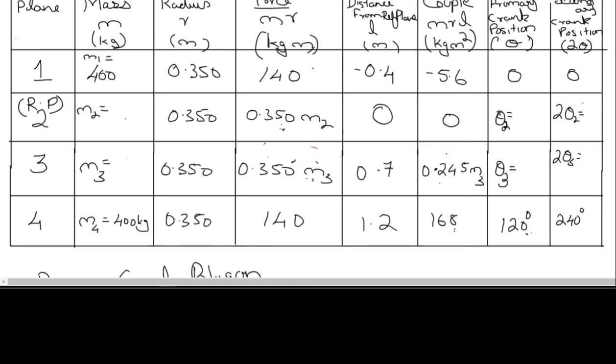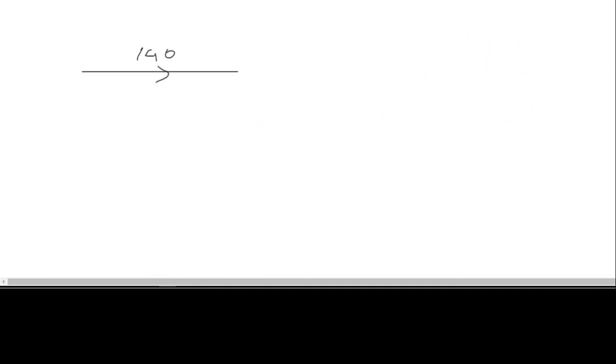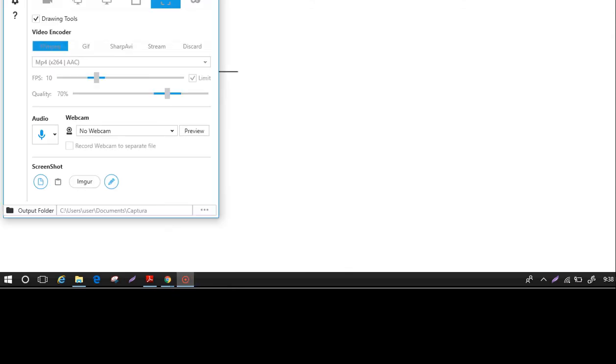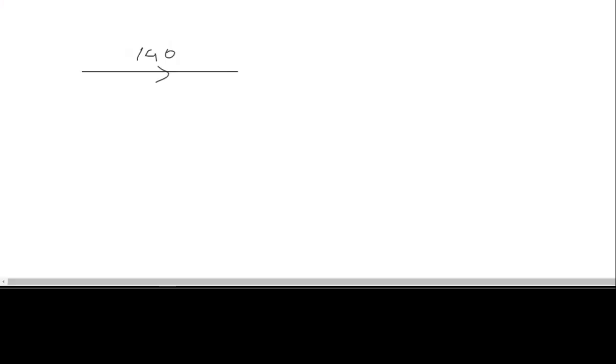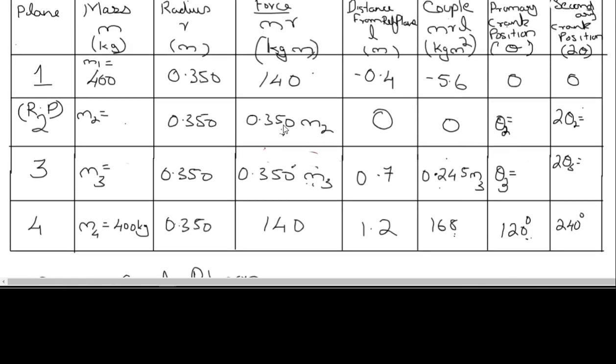If you draw another 140 at 120 degrees, you can draw it two ways. You can draw it either above or below. So I am going to draw it below, placing the protractor. So we have drawn 140, which is the primary force associated with the first plane.